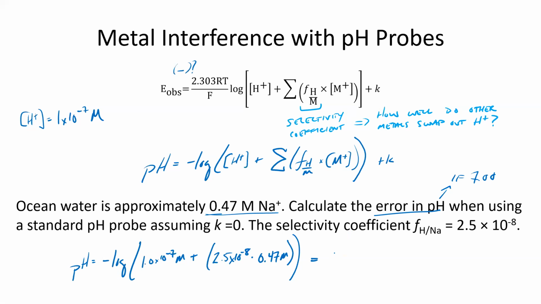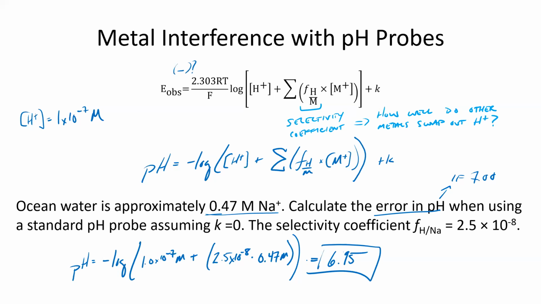And we get a pH of? What did Russ get? I haven't gotten anything. I got 6.95. Hey, 6.95.